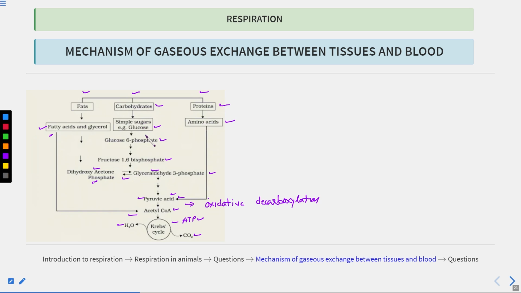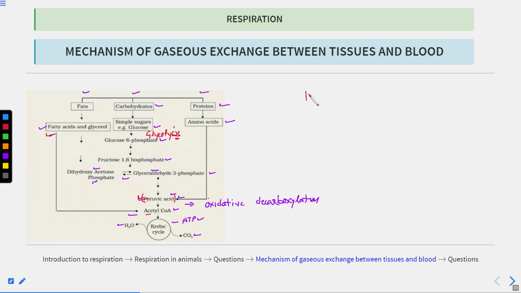Here, which process is involved? Glycolysis. We have already seen the steps of glycolysis, and finally pyruvic acid is produced, or acetyl coenzyme A can also be produced directly from fatty acids and glycerol. Clear? So this image shows you that the Krebs cycle is a common pathway.